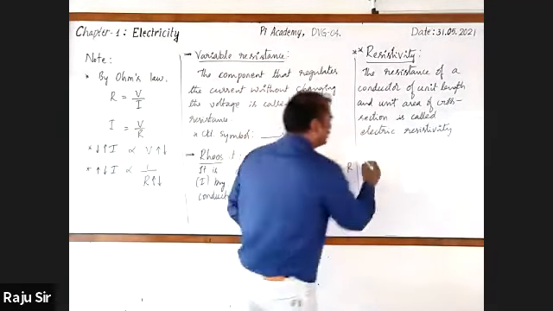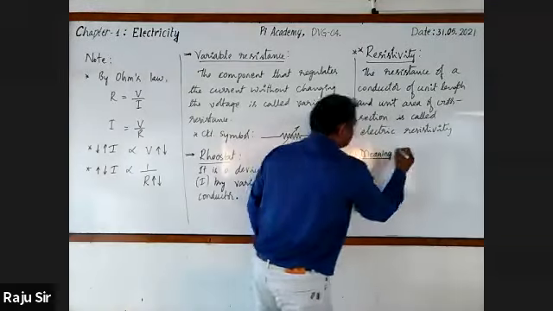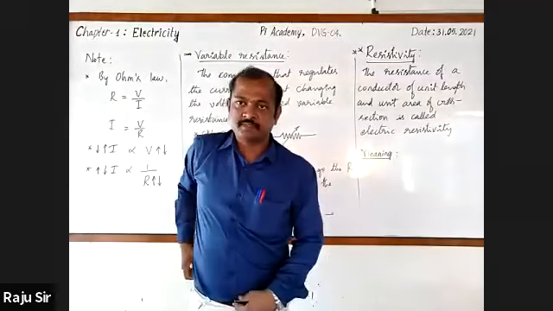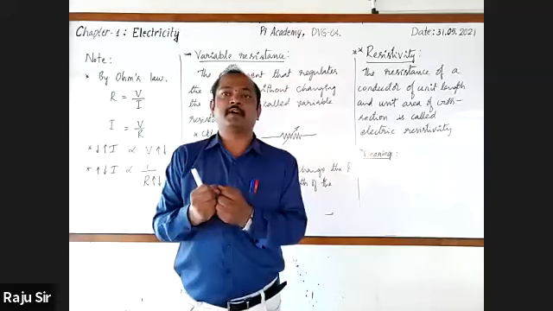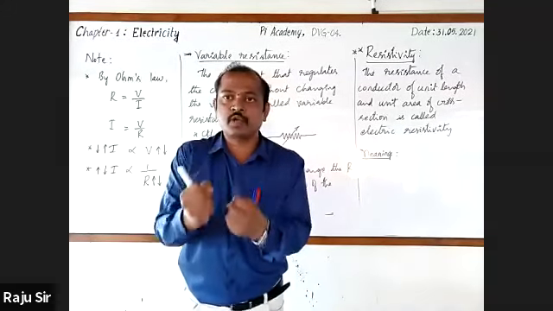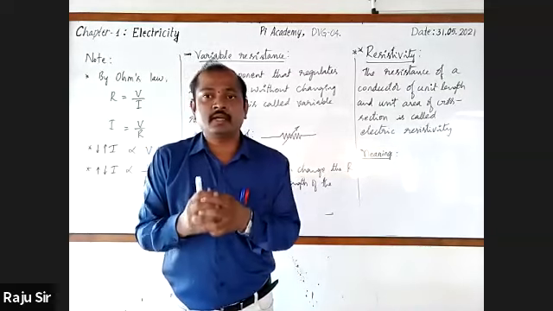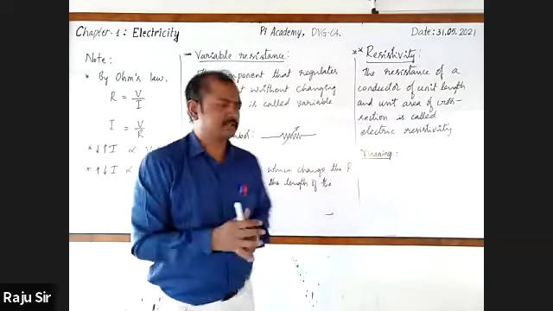Just below that, you write the meaning. Hope that you have understood the meaning. It is the measure of resisting power of a conductor, meaning how strong or how weak a conductor offers electric resistance.